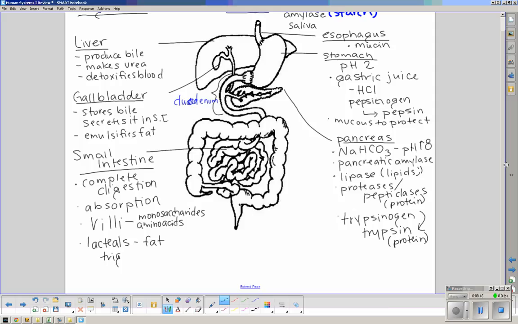Triglycerides, or animal fats, are made up of fatty acids, as well as a glycerol molecule. They have to be disassembled and reassembled using the lymph system.